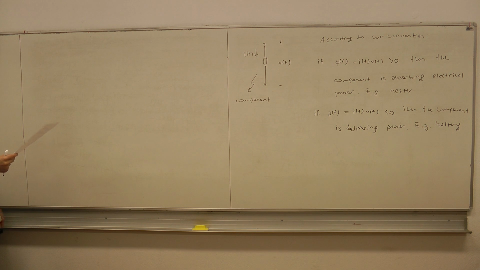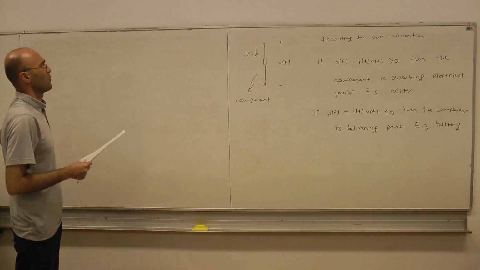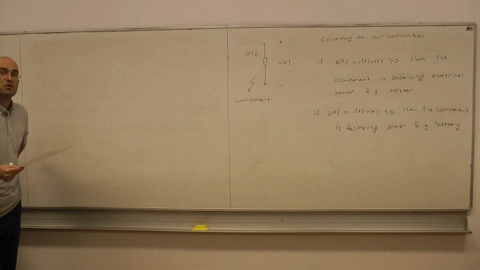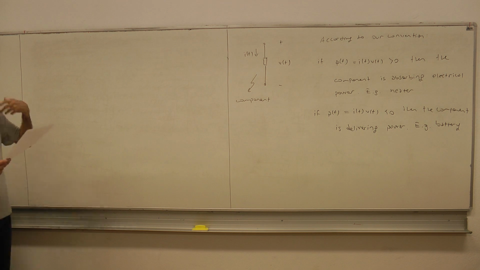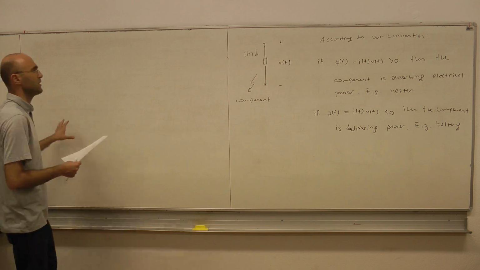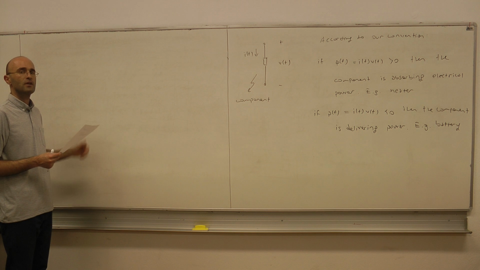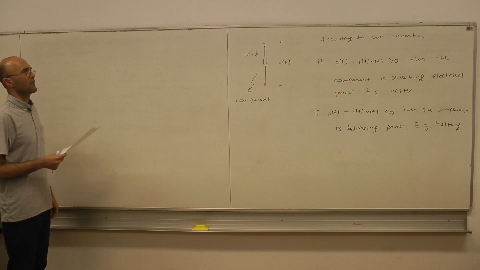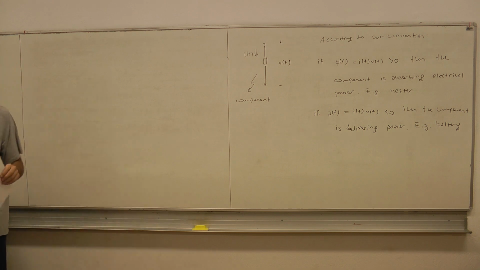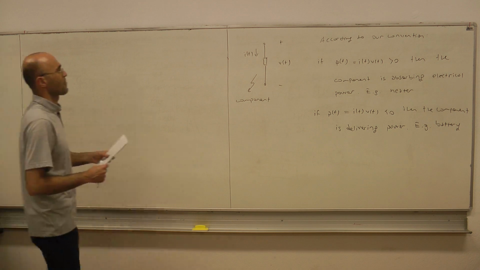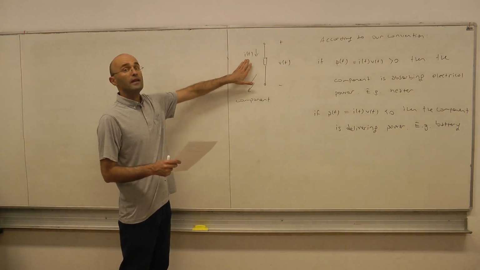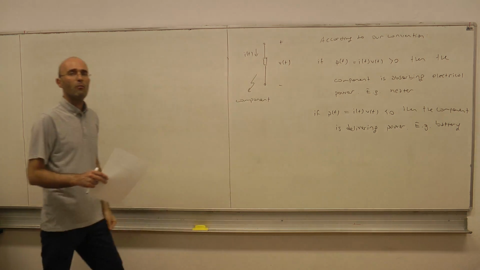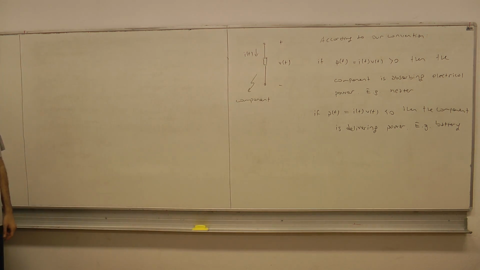Okay. Now, what we'll be doing in this course generally is, given a circuit, we will try to solve that circuit. Okay, we'll do some other stuff too, but basically that will be our main goal. Given a circuit, we have to solve the circuit. And what do we mean by solving a circuit? Generally speaking, solving a circuit means figuring out all the currents and voltages of all the components in the circuit. Okay.